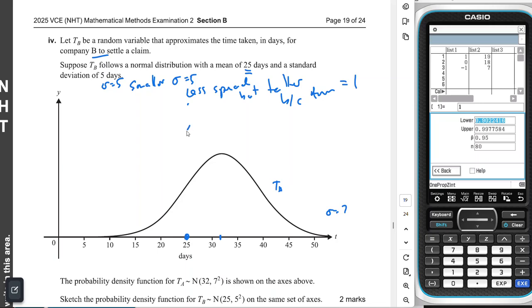So I might go up to about here. And I'd expect it to almost touch the bottom 3 standard deviations out, so around 10 and around 40. It's very hard to draw with a tablet. Imagine that's less bumpy and more smooth, and that's going to be T of B. Done.